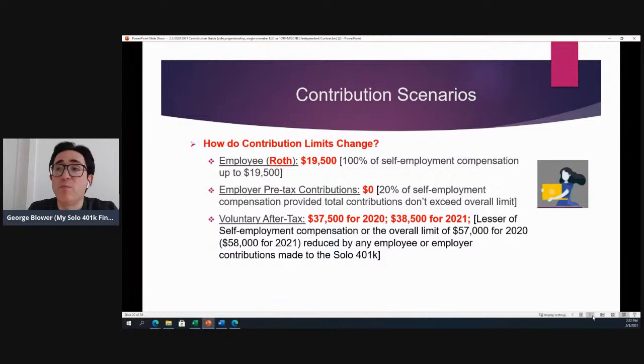Then they would skip the employer contribution because that's always pre-tax, and they could do the difference as an after-tax contribution. That'd be $37,500 for 2020 or $38,500 for 2021, and then move it from the after-tax account to the Roth account. So at the end of the day, they would have $57,000 in their Roth solo 401k for 2020 or $58,000 in their Roth solo 401k for 2021.